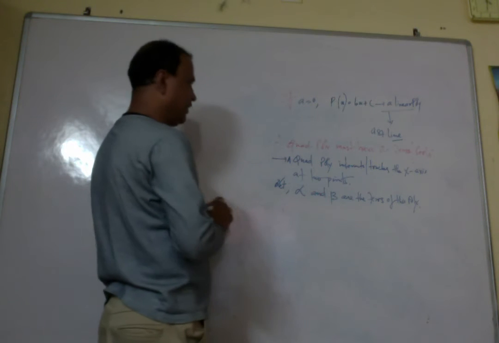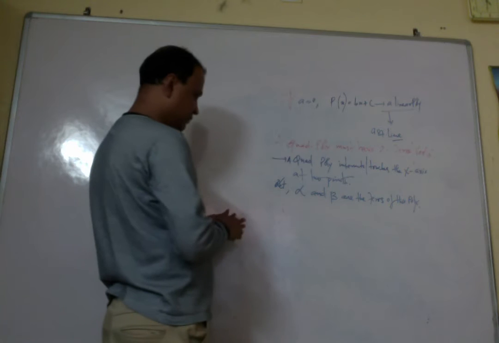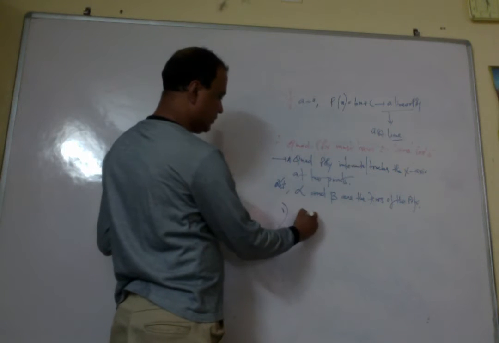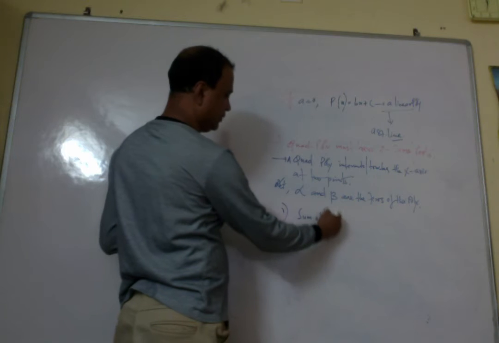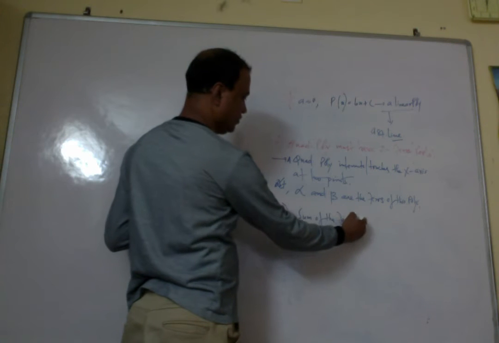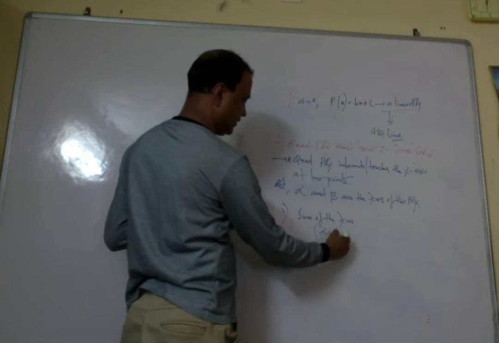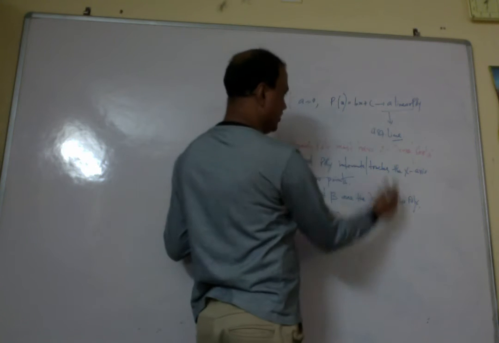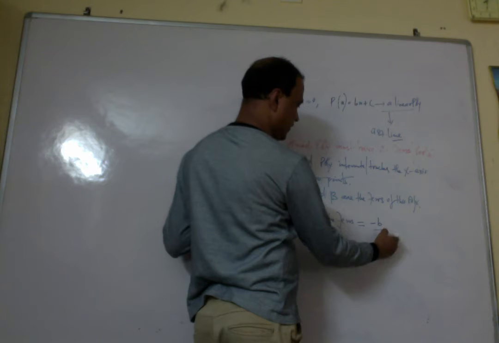If you find alpha plus beta, we are adding the zeros, so we write sum of the zeros. That means alpha plus beta is equal to minus b divided by a.